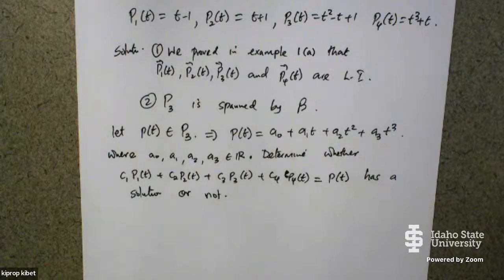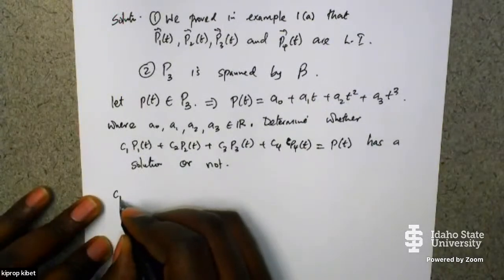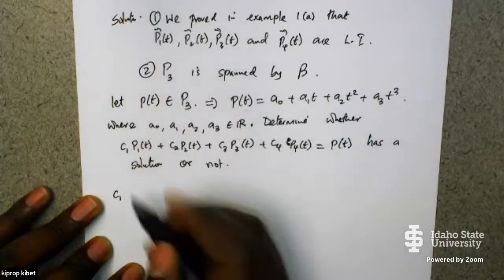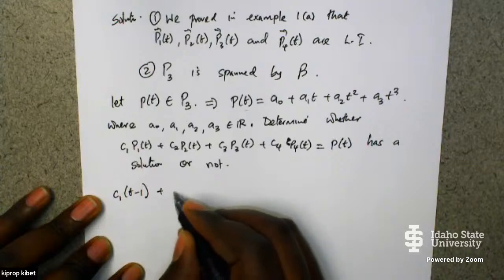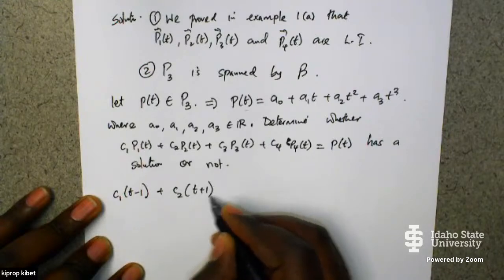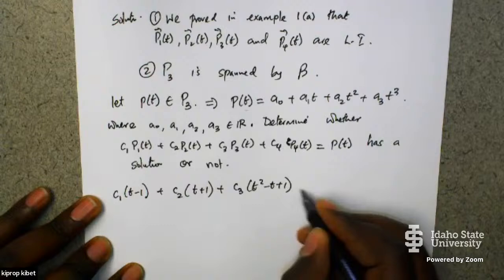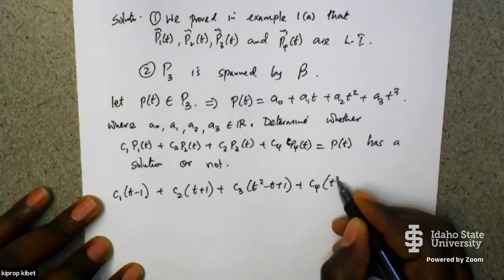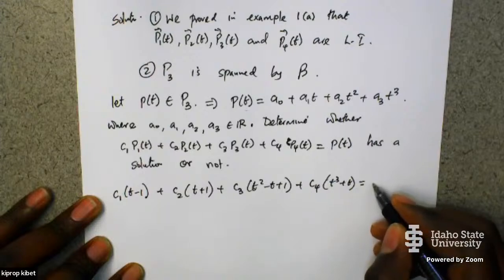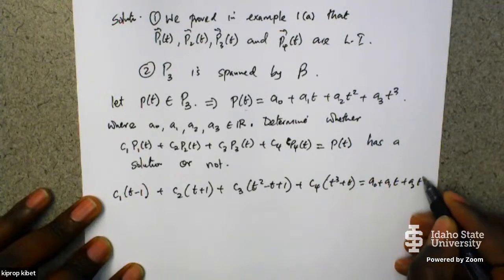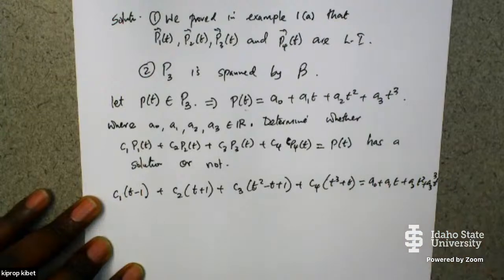So therefore, we know that P1 of T is T minus 1, plus C2 of T plus 1 plus C3 of T square minus T plus 1 plus C4 of T cube plus T, equals A0 plus A1 of T plus A2 of T square plus A3 of T cube.